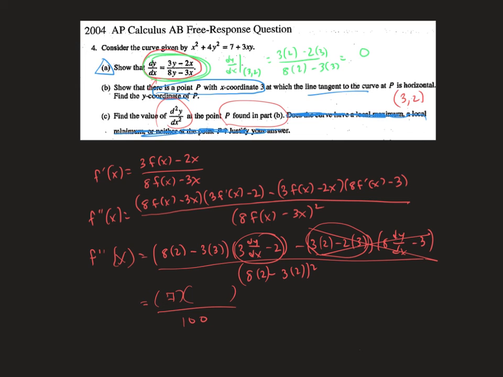That gives you 0 over a number, so that's 0. So essentially dy/dx then is 0. So it's going to be 0 times 3, 0, minus 2. So that's going to be a negative 2 there. So basically what you get is negative 14 over 100, which is negative 7 over 50.